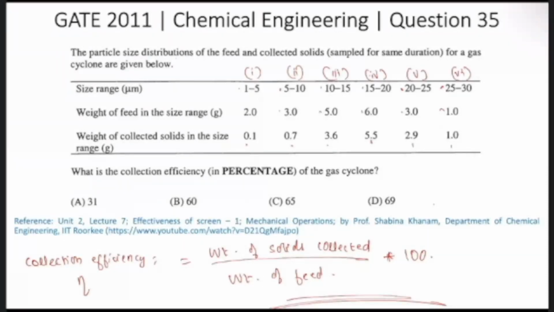The collection efficiency in size range 1 will be eta 1, which is equal to the weight of the solids collected in this range divided by the weight of the feed.